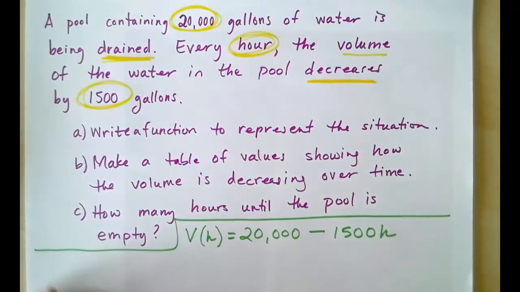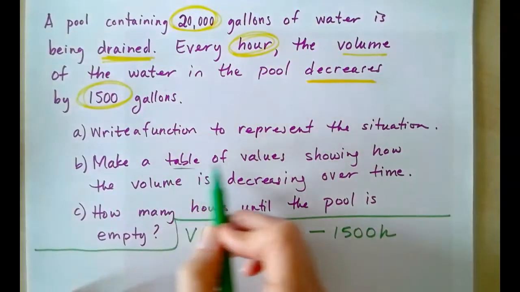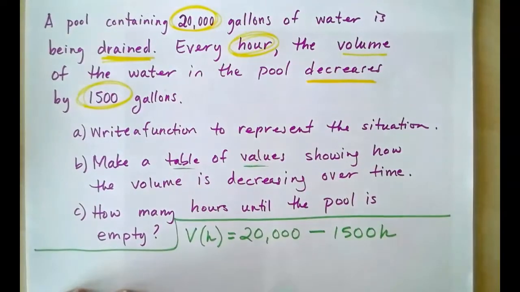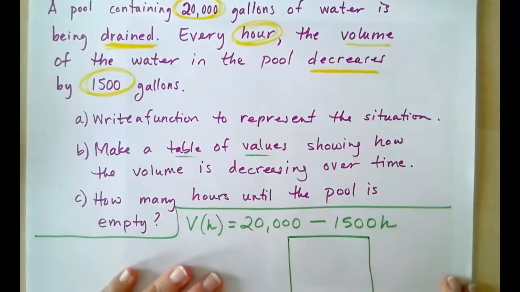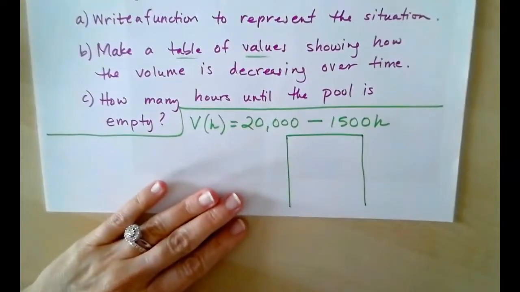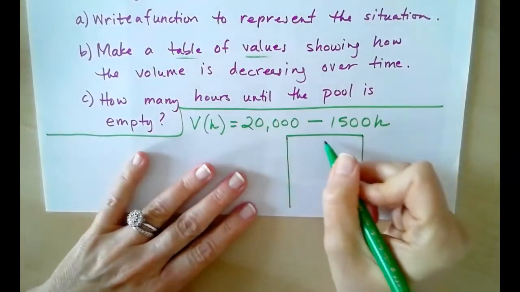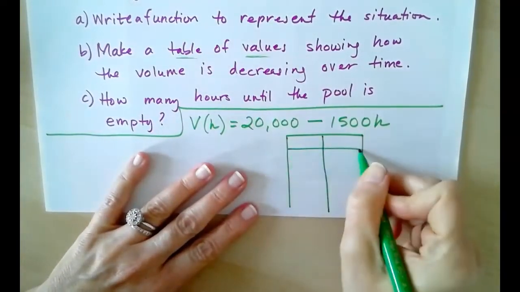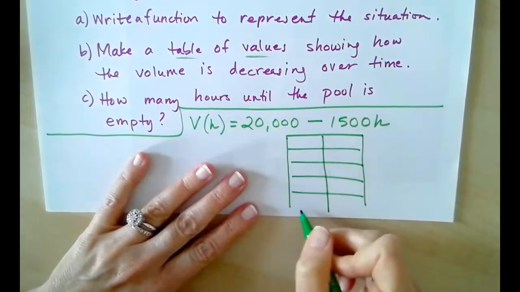That's letter A. Let's make a quick table of values, which is what letter B says, showing how the volume is decreasing over time. Making a table helps us understand and see exactly what's happening in the function. So let's bring that down just a little bit. So, and I'll just write it just like so.